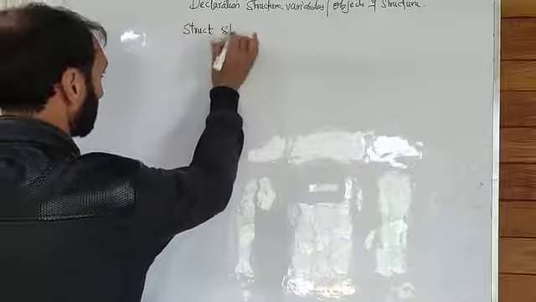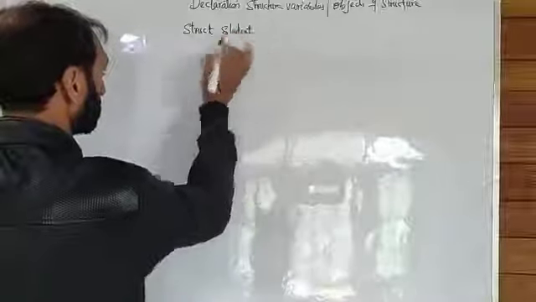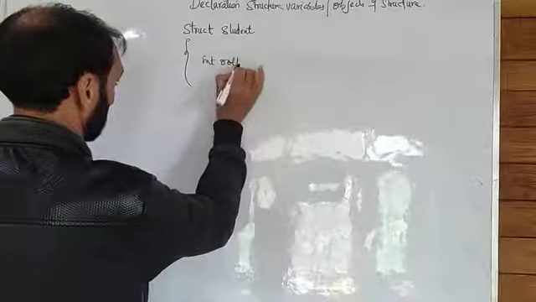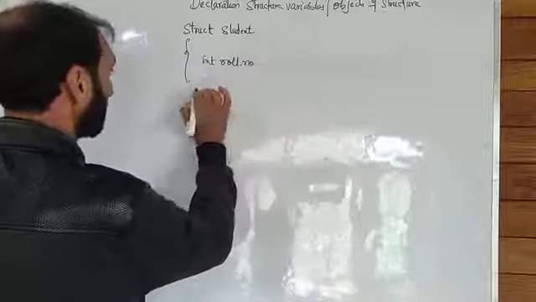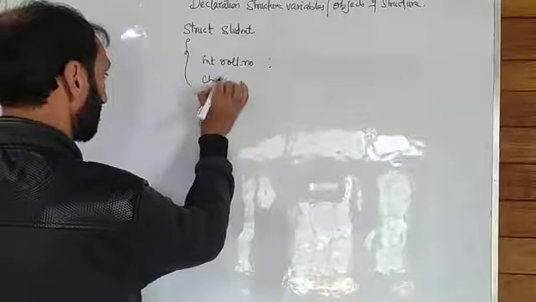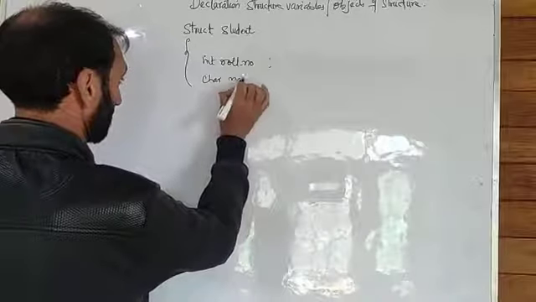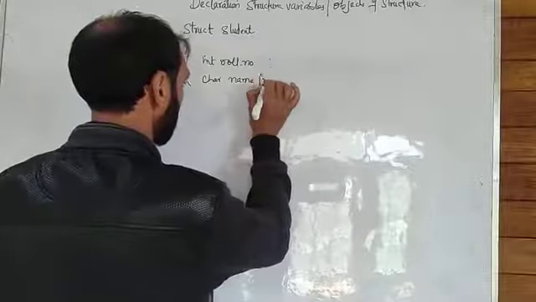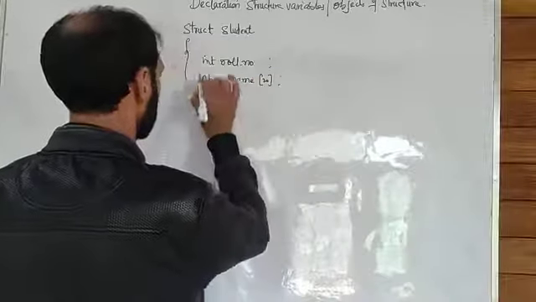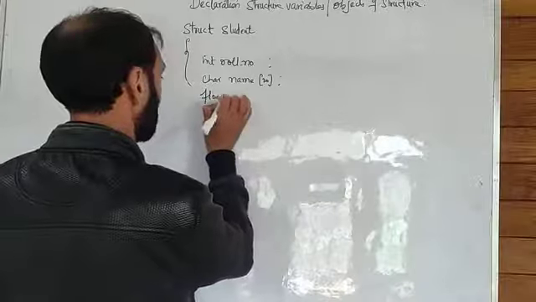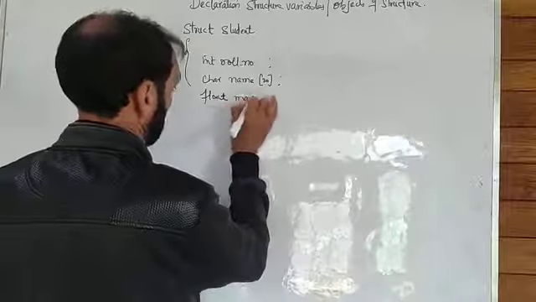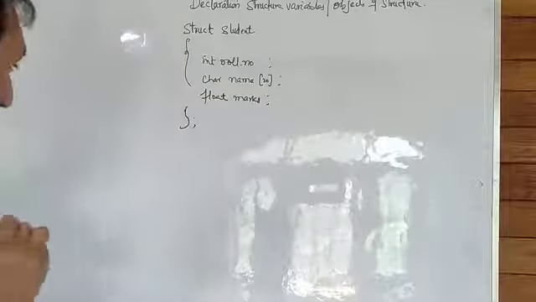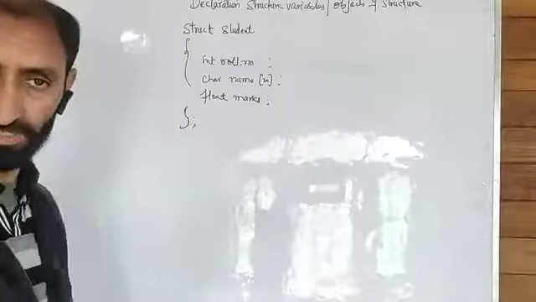struct student. And for example, int roll number, char, or more precisely I can say string, name, float marks, and here the end of the structure.